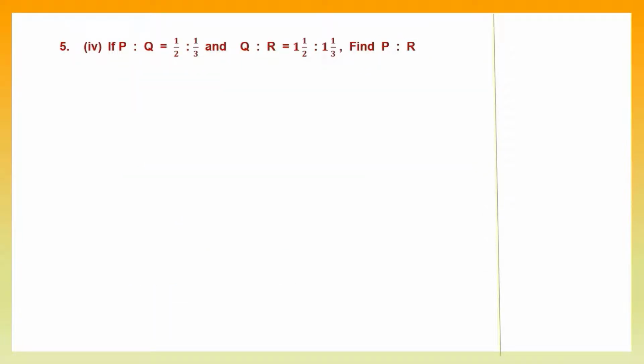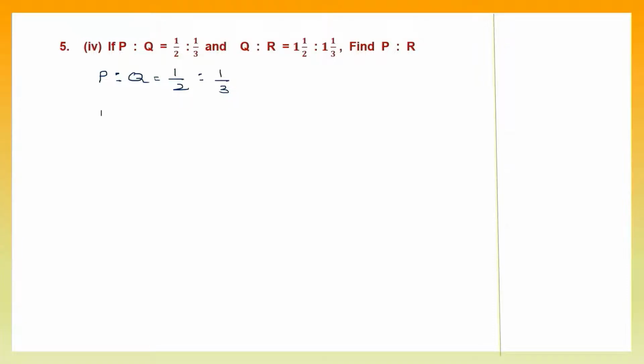Question 4. If p is to q equals 1 by 2 is to 1 by 3 and q is to r is equal to 1 1 by 2 is to 1 1 by 3, find p is to r. So again, we have to leave out q. Okay, so let's work that out. P is to q equals 1 by 2 is to 1 by 3.